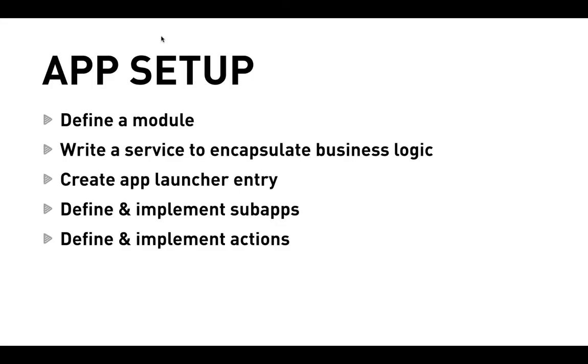Those steps are usually defining the module, writing a service to encapsulate the business logic in case of custom apps, then adding the app launcher entry, defining and implementing sub-apps, defining and implementing actions. As I was saying, for the content apps, you can do all of that by configuration. It doesn't have to be any Java coding. You can do it from within Magnolia UI, and I will show you later as well how to do it.